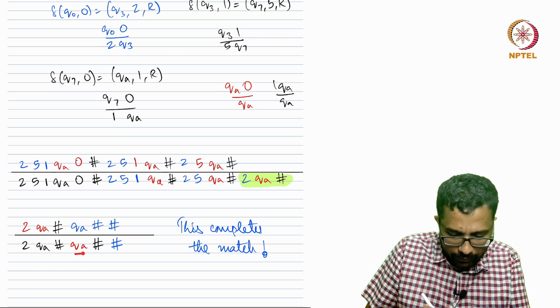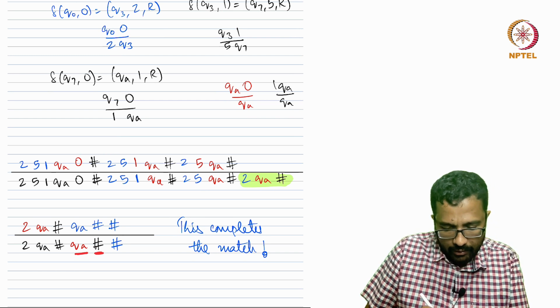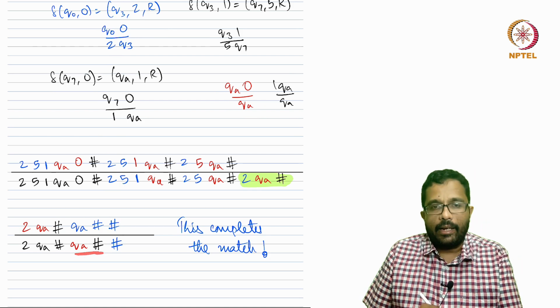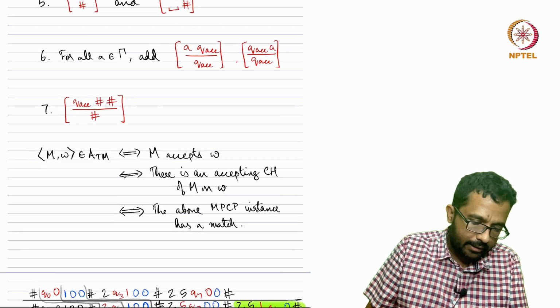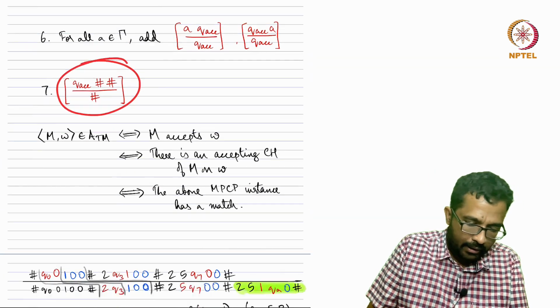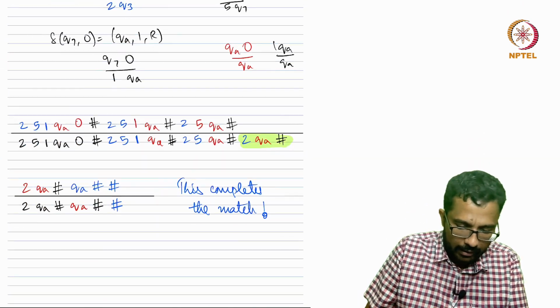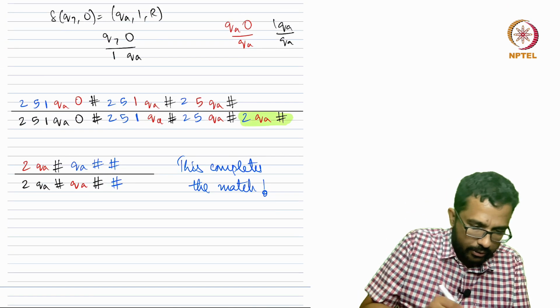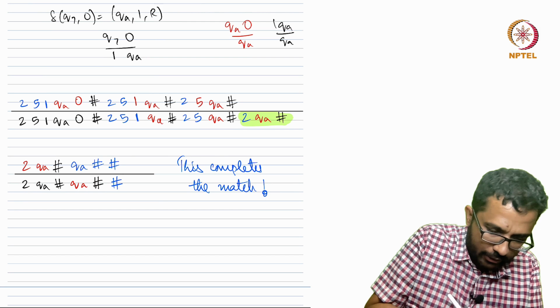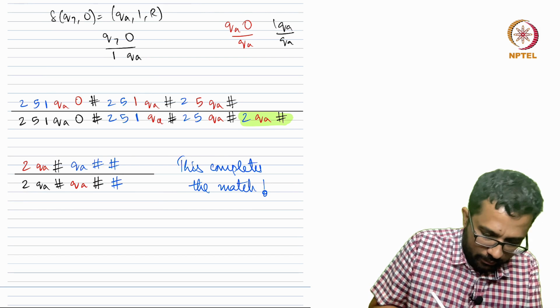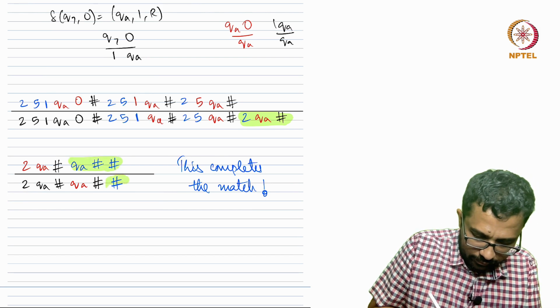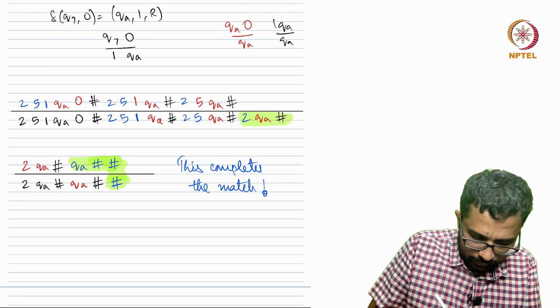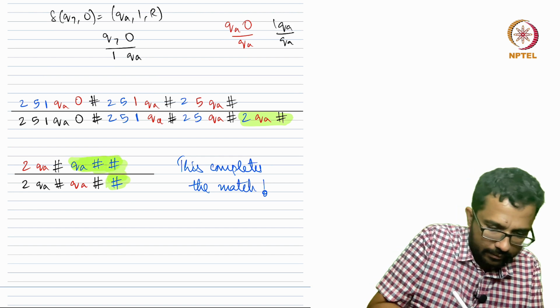So finally we have QA and then hash, and so the bottom is just leading by QA hash, and then we just put the domino QA hash hash divided by hash. So this domino is the last domino. Maybe I'll just highlight the last domino. This finishes off things.